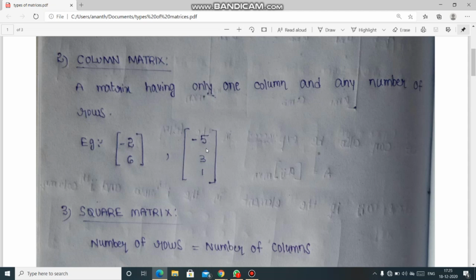This matrix also has one column and three rows. So a column matrix is a matrix having only one column and any number of rows. The column must be 1, and the rows may be 2 or 3.